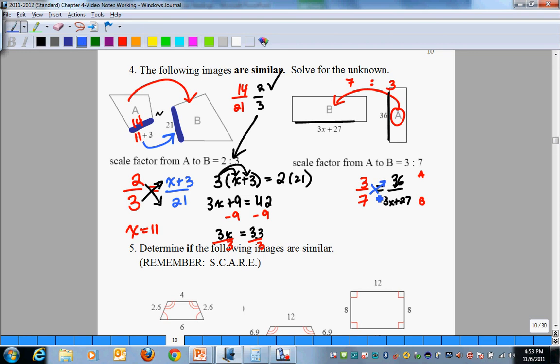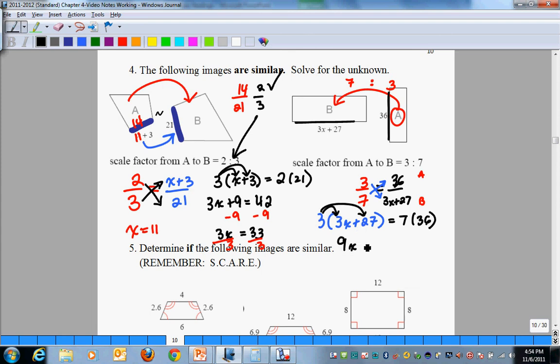Now you cross multiply. 3 times 3x plus 27 equals 7 times 36. Distribute.